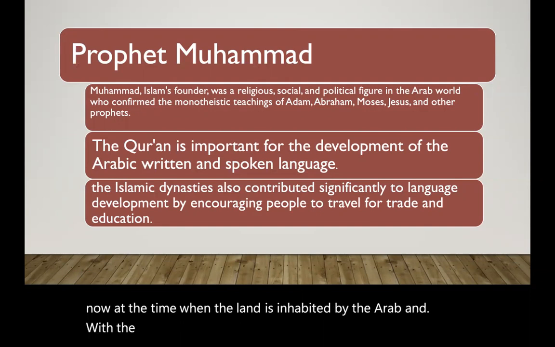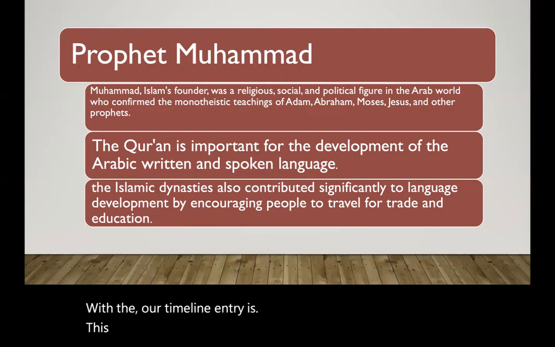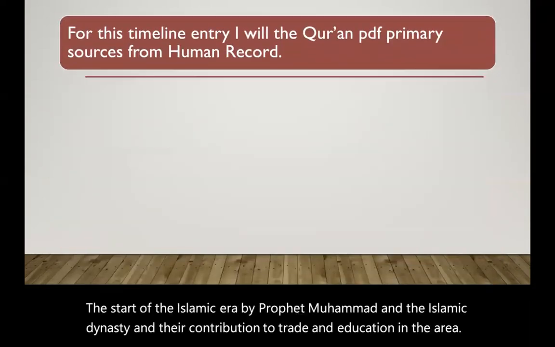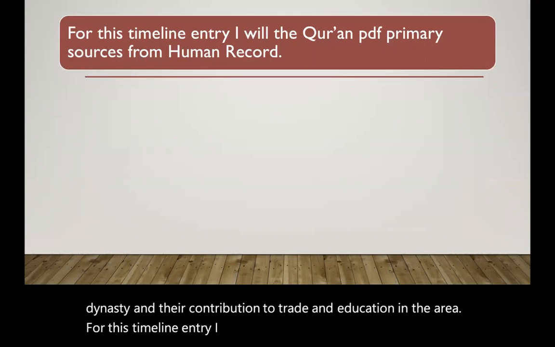Our timeline entry is the start of the Islamic era by Prophet Muhammad and the Islamic dynasty and their contribution to trade and education in the area. For this timeline entry, I will use the Quranic PDF primary source from the Human Record.